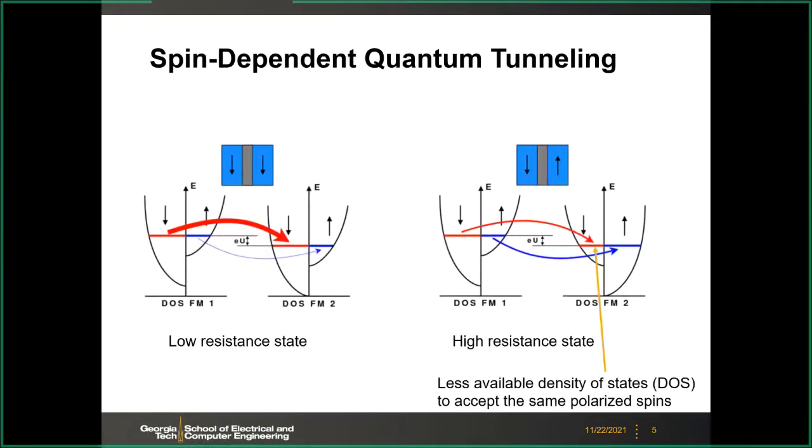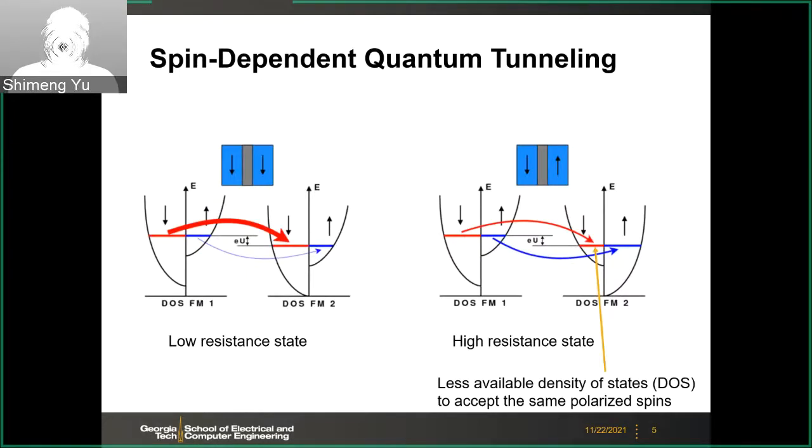Here the MTJ current conduction is governed by spin-dependent quantum tunneling. So here are some device physics. In the magnetic layer, the magnetization is actually caused by the spin state. Spin is an inherent property of the electron. Spin up and spin down are the two basic states.